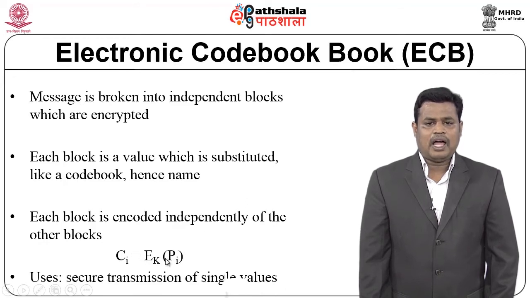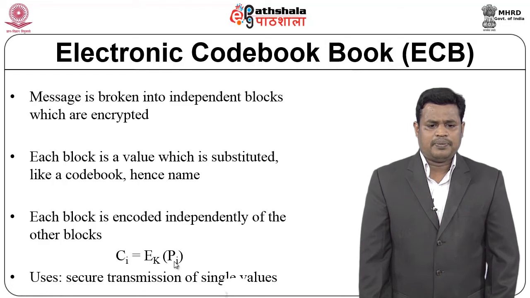For example, I am taking a message block Pi. Pi does not depend on Pj. That way, each and every block is processed independently. This is used for secure transmission of single values.